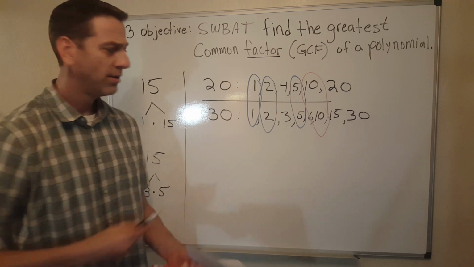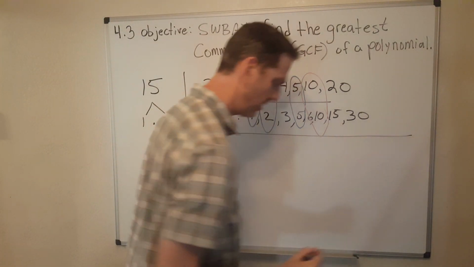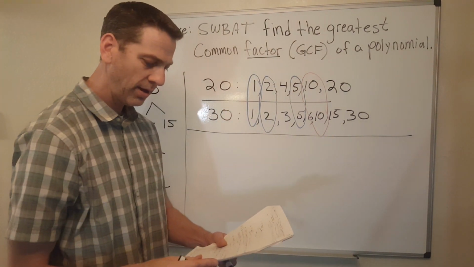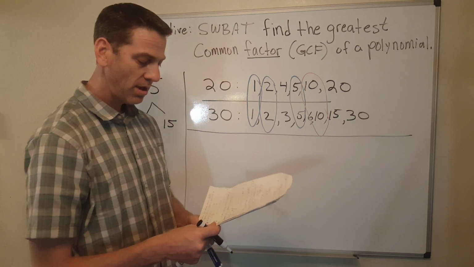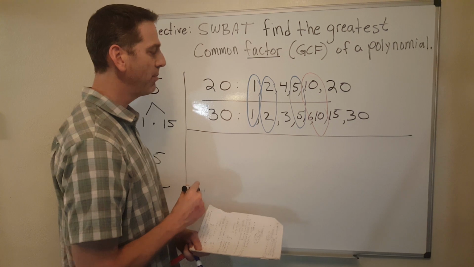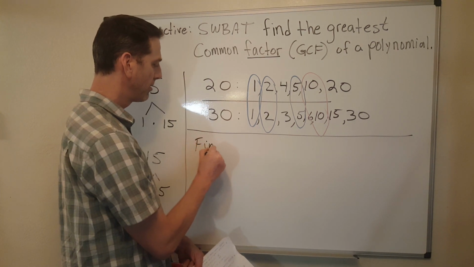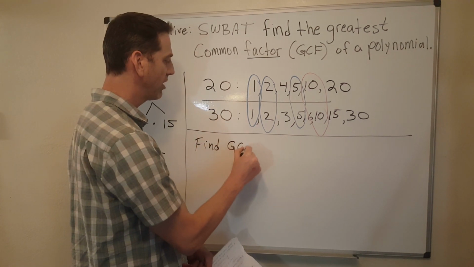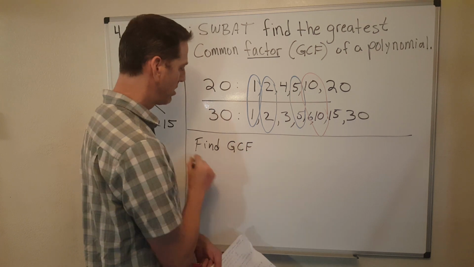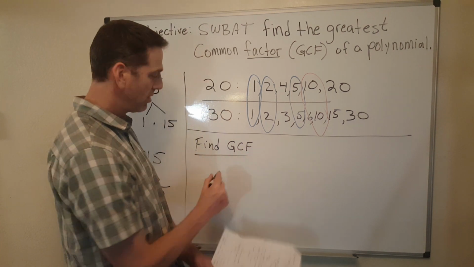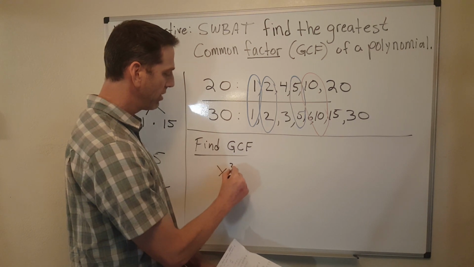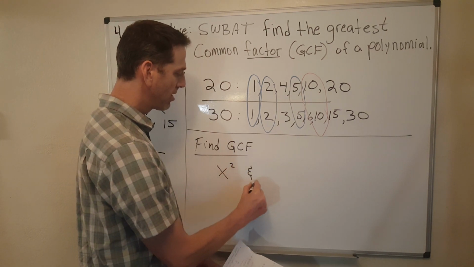All right, so let's take it another step up. We're going to get into some algebra here. Let's find the greatest common factor of, let's get some examples here, x squared and x.